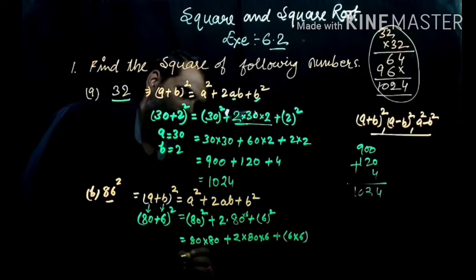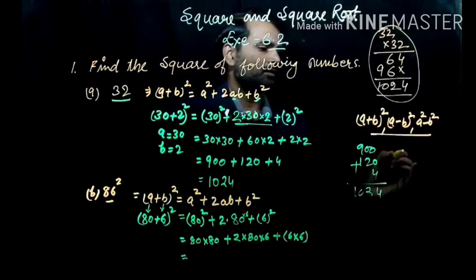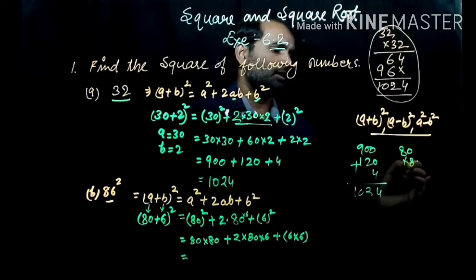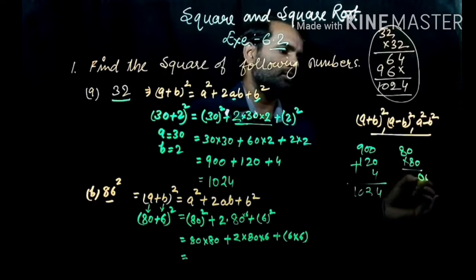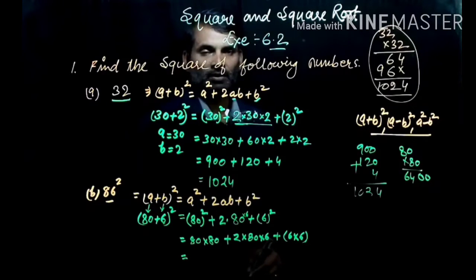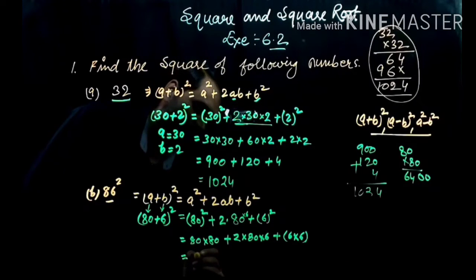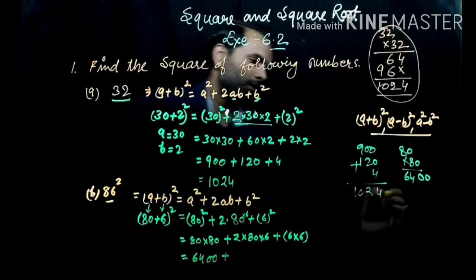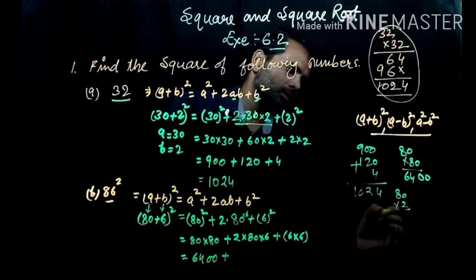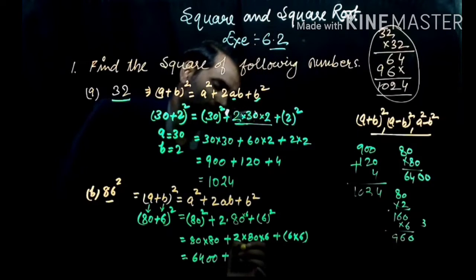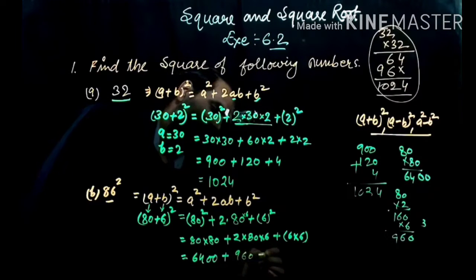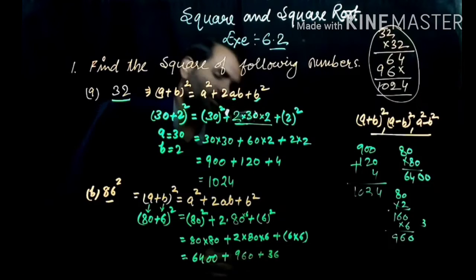Now 80 into 80 is 6400, since 8 8s are 64. Plus 80 into 2 is 160, multiplied by 6: 6 6s are 36, 6 carry 3, 6 1s are 6 and 3 is 9. So that is 960, and plus 6 6s is 36.